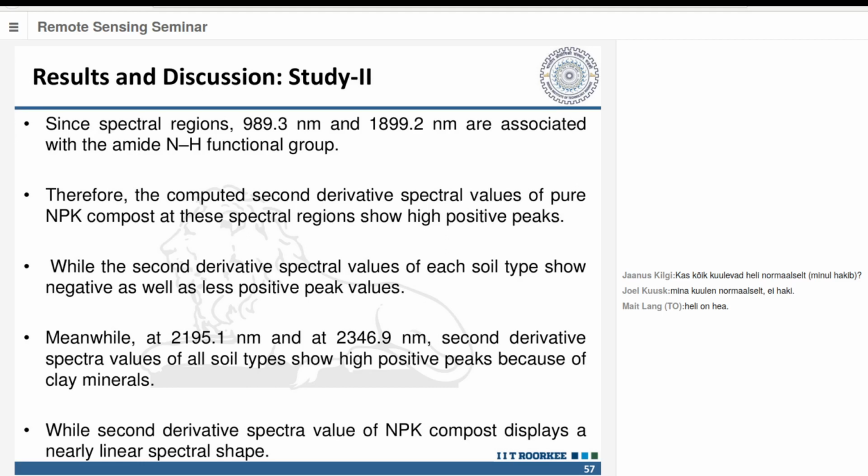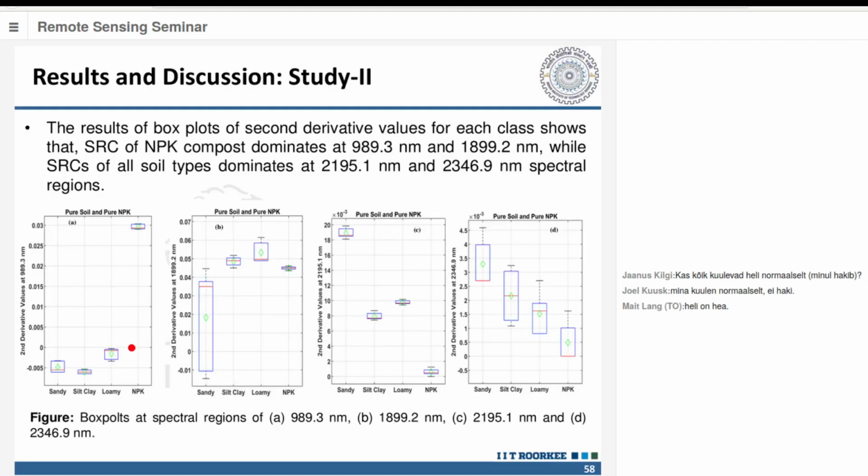Meanwhile, at 2195.1 nanometer and 146.9 nanometer, second derivative spectral values of all soil types show high positive peaks because of clay minerals, while second derivative spectral values of NPK compost at this wavelength region display a nearly linear spectral shape. To verify this conclusion, we have used the box plot, and the box plot also confirms that 2 wavelength regions are suitable for the NPK compost, and 2 wavelength regions are suitable for the soil samples.